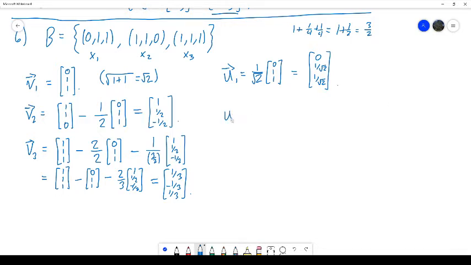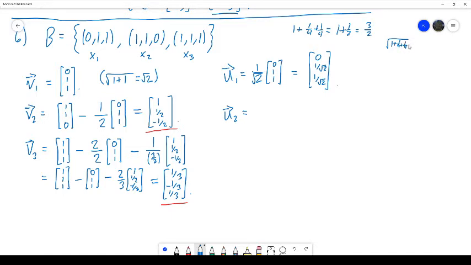Okay, and then u2, we need to normalize v2. So we want to make sure we're looking at the actual last form of v2 and v3 and not the original vectors. So the magnitude of this is the square root of, let's see, 1 plus 1/4 plus 1/4.